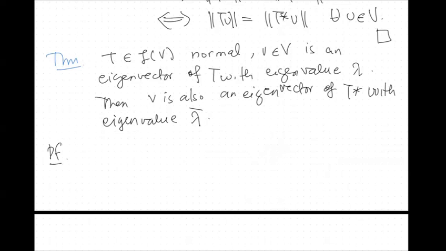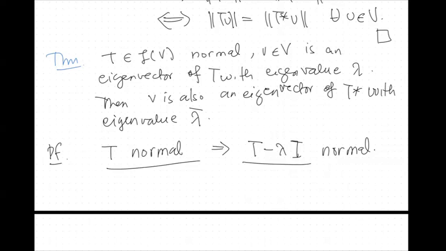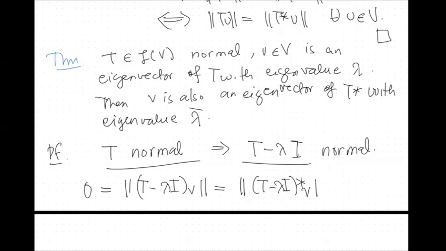So T is normal. So this implies T minus lambda I is normal. So here 0 is equal to the norm of (T minus lambda I) v. This is equal to the norm of (T minus lambda I) star v.